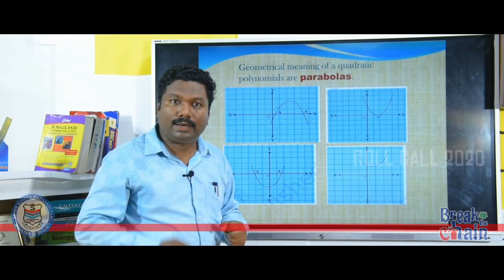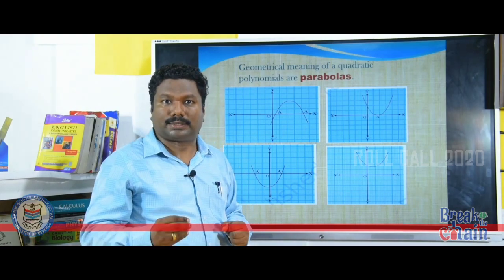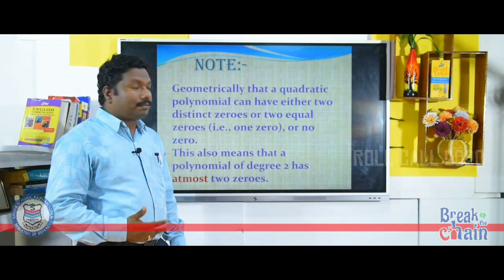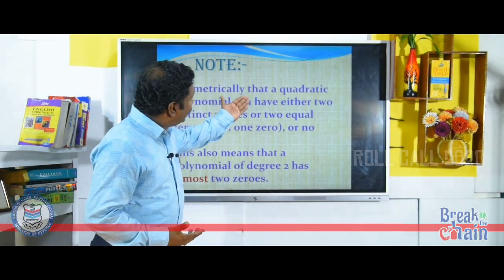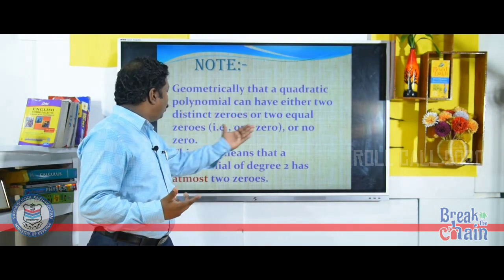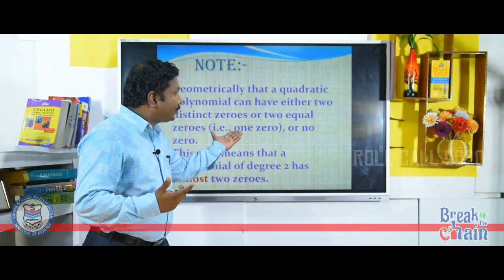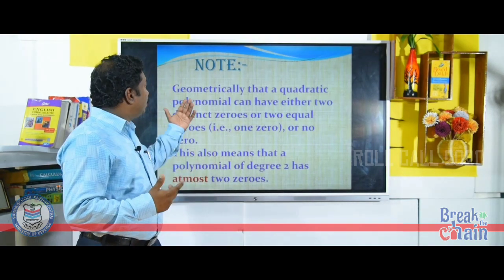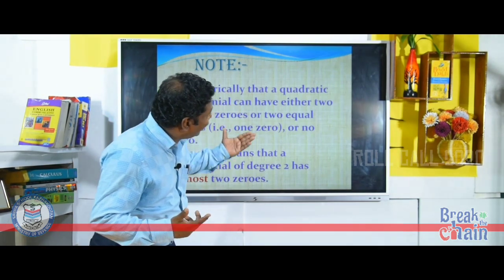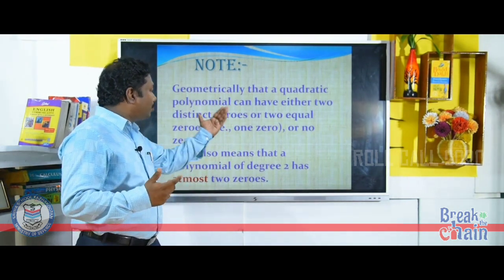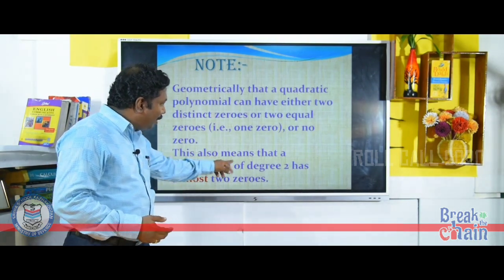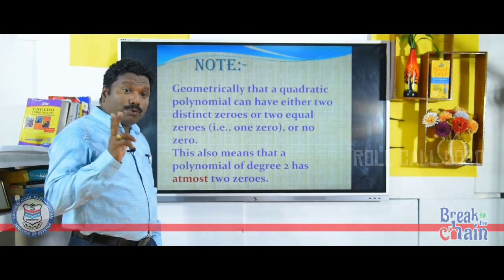Geometrically, a quadratic polynomial can have either 2 distinct zeros, or 2 equal zeros, or no zeros. This also means that a polynomial of degree 2 has at most 2 zeros.